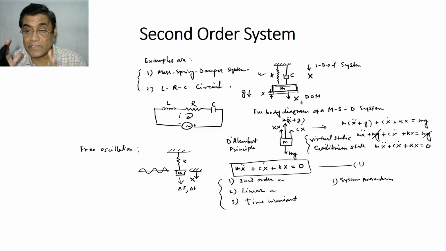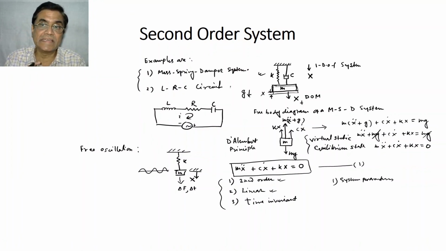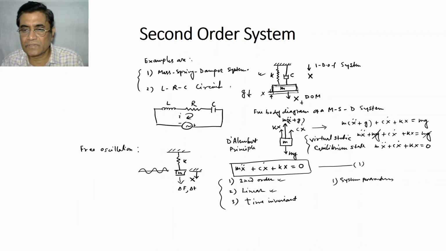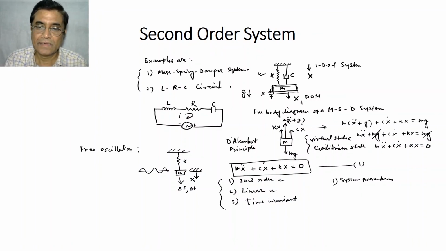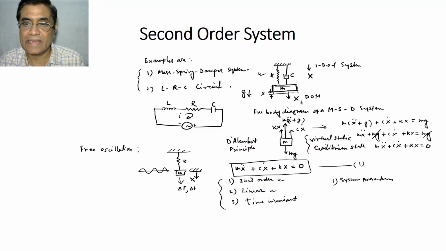If I do not assume the system is linear, then I cannot figure out the final solution. In this case, we assume the system is linear, so there will be two solutions. Those solutions can be superimposed, meaning added together, to get a final solution. This is the characteristic feature of a linear system.